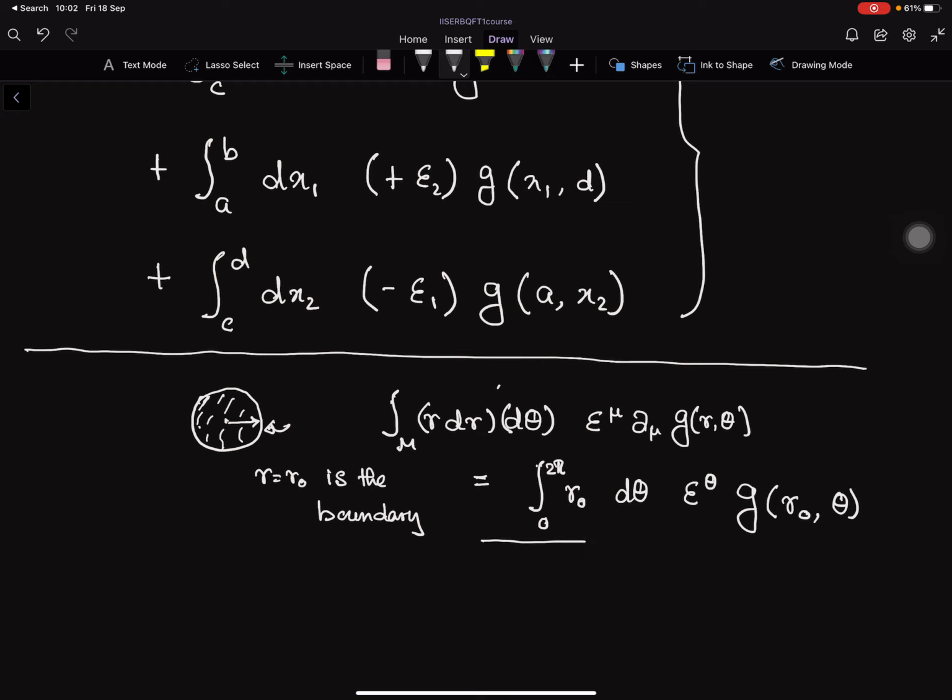Again this statement follows from Stokes' theorem. This epsilon theta is the theta component of epsilon mu. So you again see the advantage that we had an integration of two variables and we have managed to reduce it to integration of a single variable.